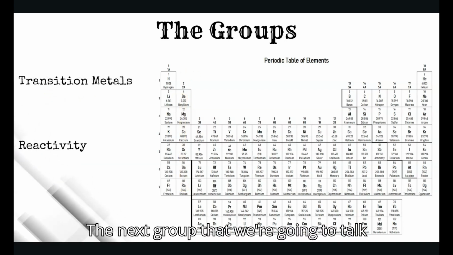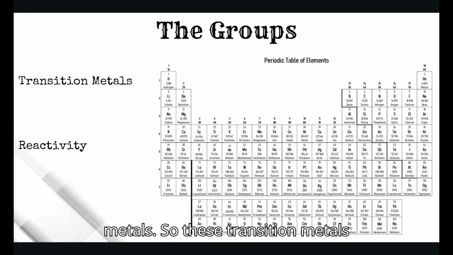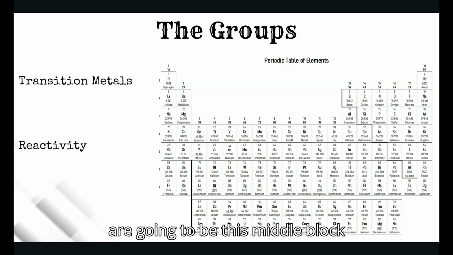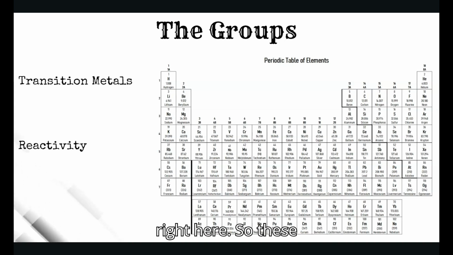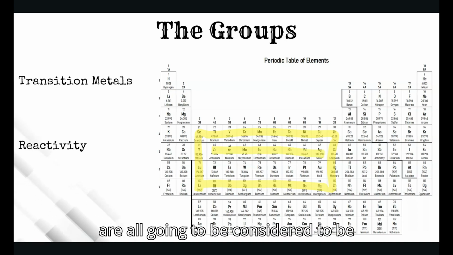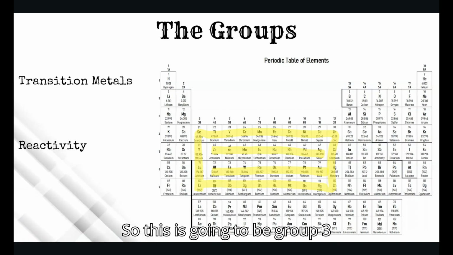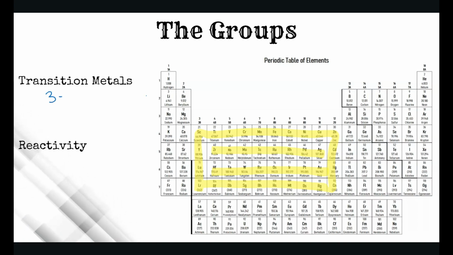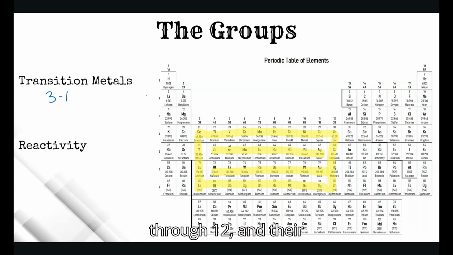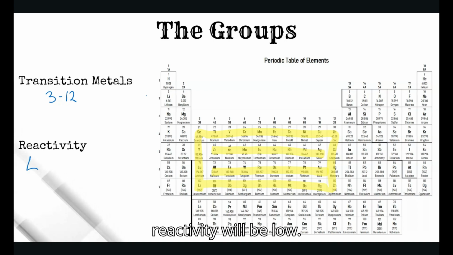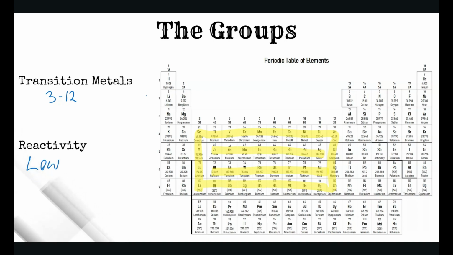The next group that we're going to talk about are the transition metals. These transition metals are this middle block right here. So these are all considered to be transition metals. This is group 3 through 12, and their reactivity will be low.